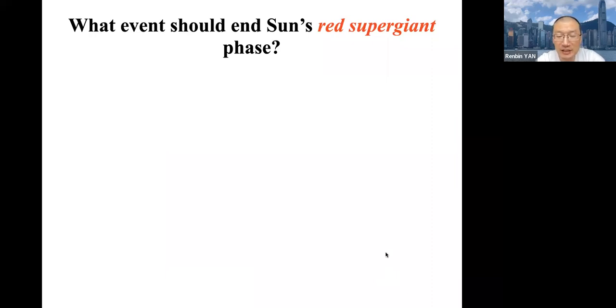What ends this phase actually depends on what kind of mass the star has. For our sun, the red supergiant phase will actually not end up in fusing carbon into heavier elements. Some of you said supernova. No, not yet. I won't go into a supernova explosion yet.